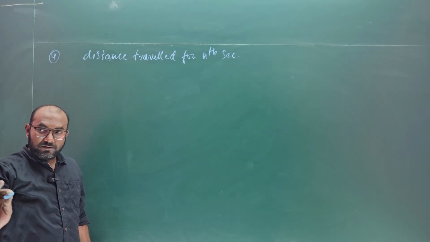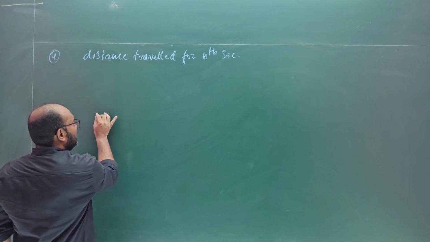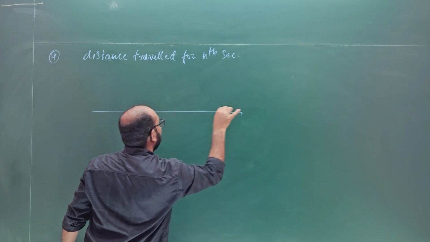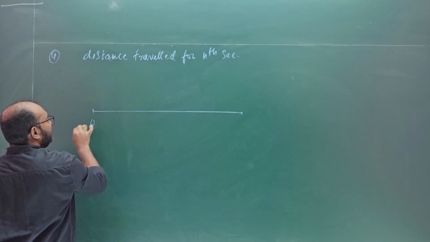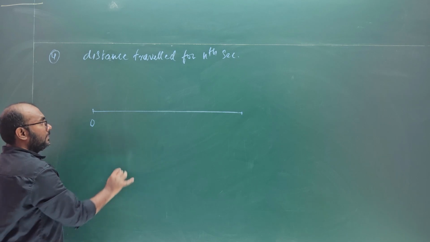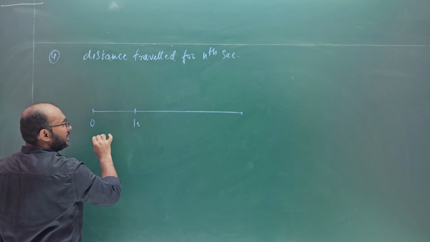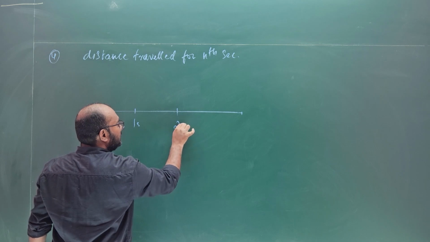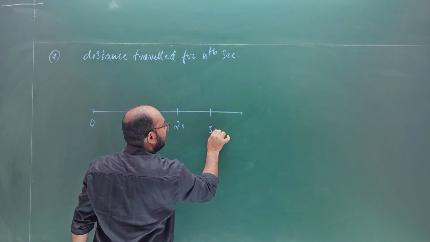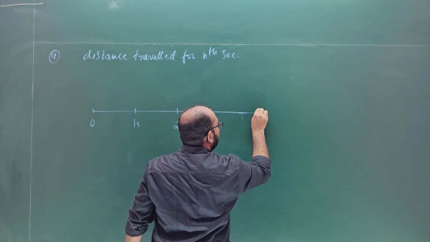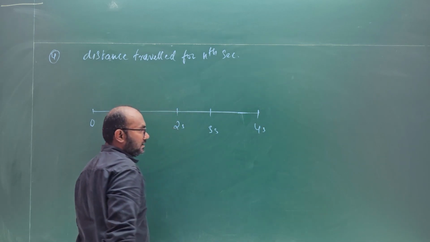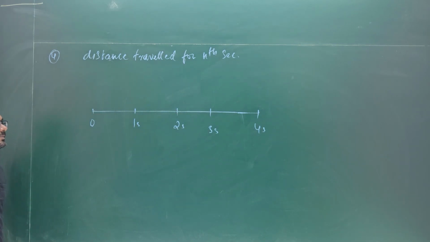First, listen to me. For example, a body started from 0 second. It reached the first second, then here 2 seconds, here 3 seconds, and similarly at this point it reached 4 seconds.